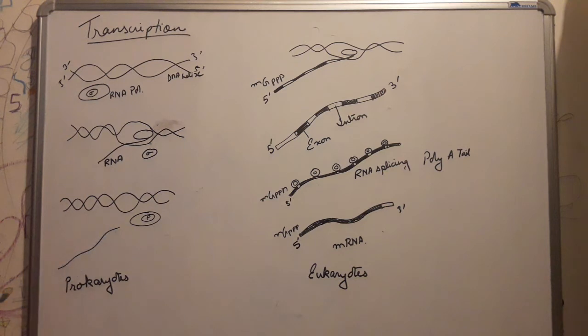That means the RNA synthesis is completed and the polymerase is set free to bind again for the next transcription process. So these are the basic main steps: initiation, elongation and termination in transcription in prokaryotes.